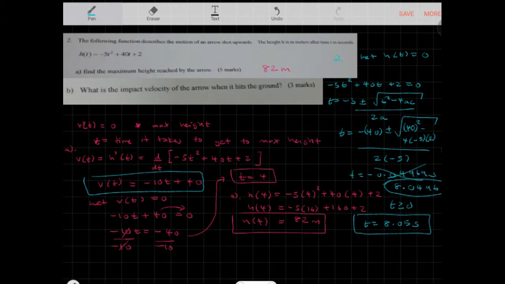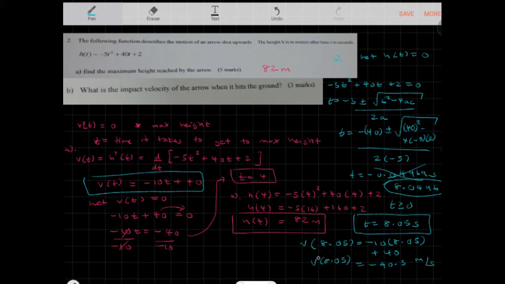If you want to find how fast the arrow hits the ground, the impact velocity, I'm going to plug this into the velocity function. v of 8.05 is equal to negative 10 times 8.05 plus 40, which gives us negative 40.5 meters per second.